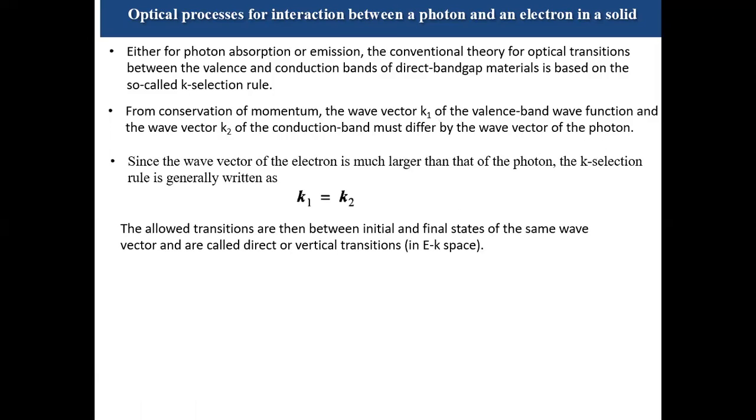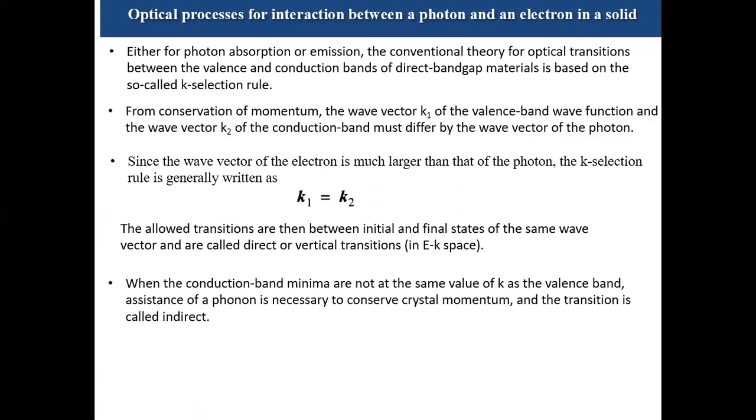The allowed transitions between the initial and final states of the same wave vector are called direct and vertical transitions. When the conduction band minima are not at the same value of k as the valence band, the assistance of a phonon is necessary to conserve crystal momentum, and the transition is called indirect.